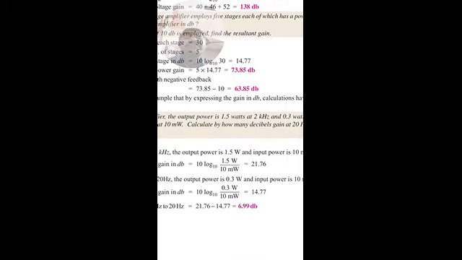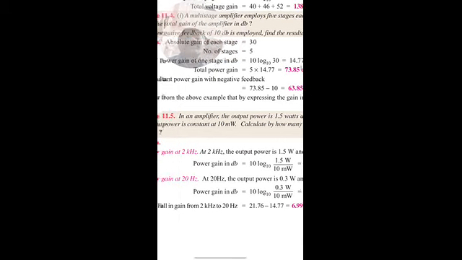The output power is only 0.3 watts, so power gain in dB at 20 hertz is 10 log of 0.3 divided by 10 milliwatts to the base 10, it is 14.77. So it is the difference.